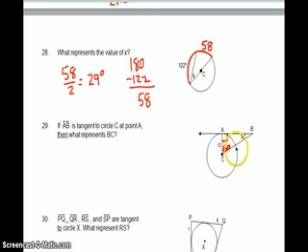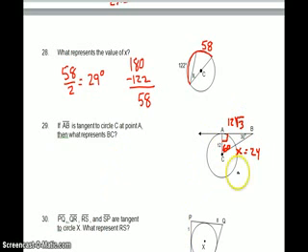We want to find BC, so we can use our rules for 30-60-90 triangles. And that would make this 2 times the short side, which is 24. And this would be 12 square root of 3 up here.